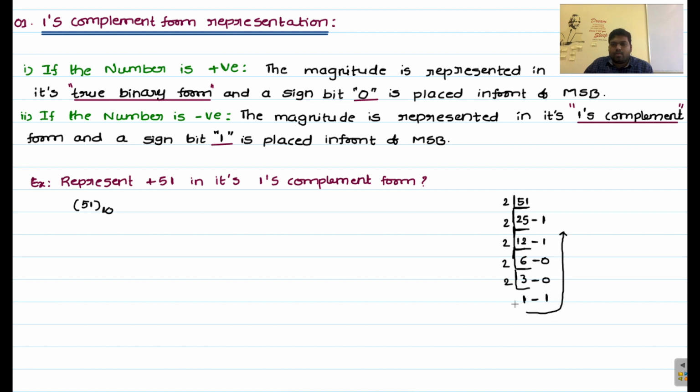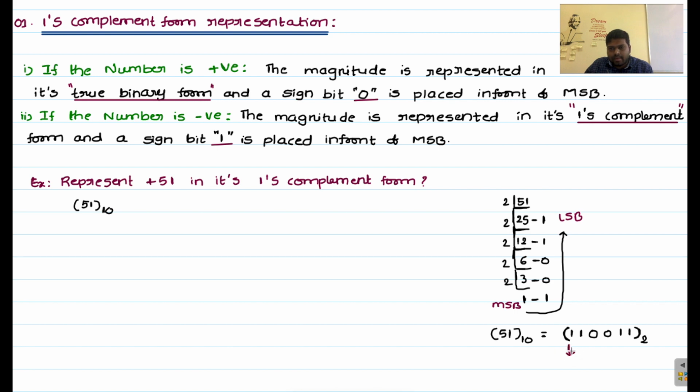Now what you will get: 51 base 10 equals 110011. This is your binary representation for the given decimal number 51. This is your most significant bit and this is your least significant bit.